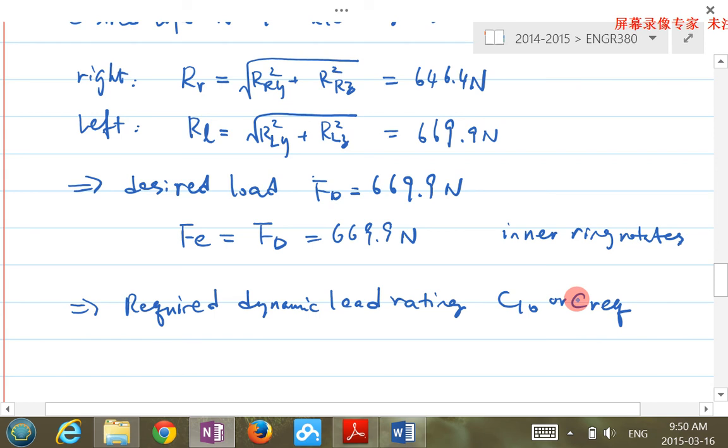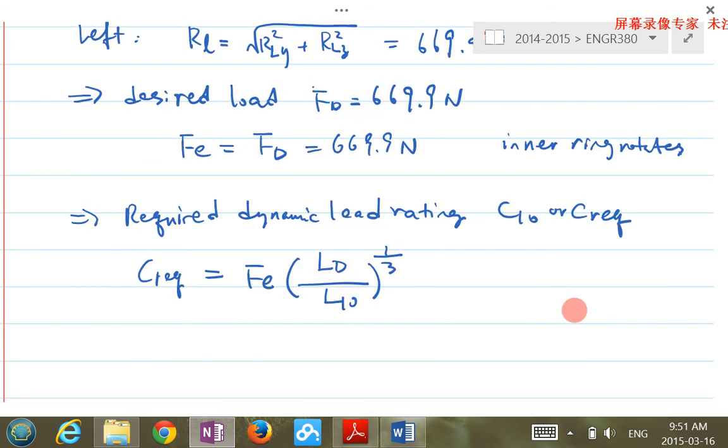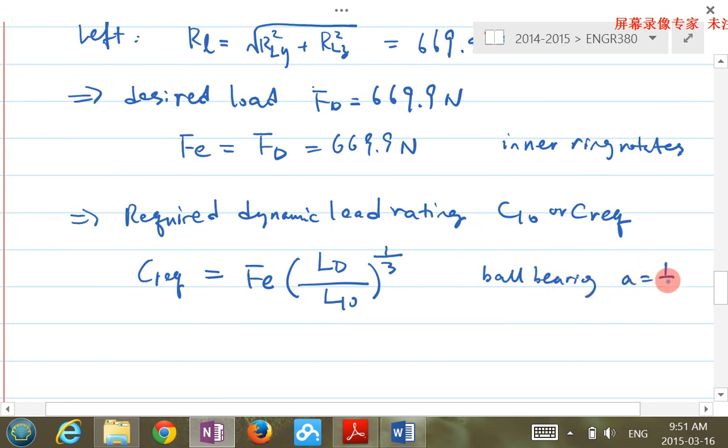C required using that formula is FE times the desired life LD on the top, over L10 at the bottom, raised to the power 1/3. It is 1/3 because this is a ball bearing. So if we decide to take a ball bearing, a equals 1/3.